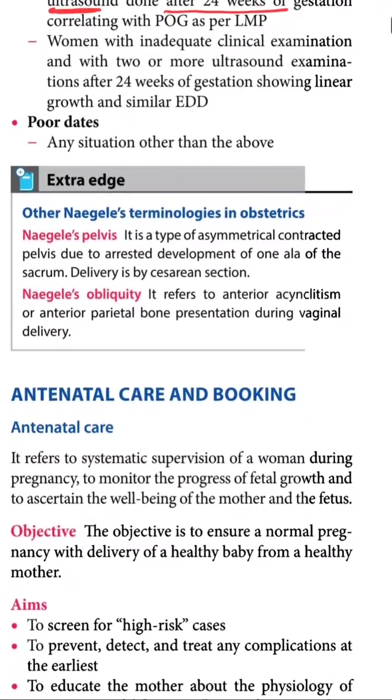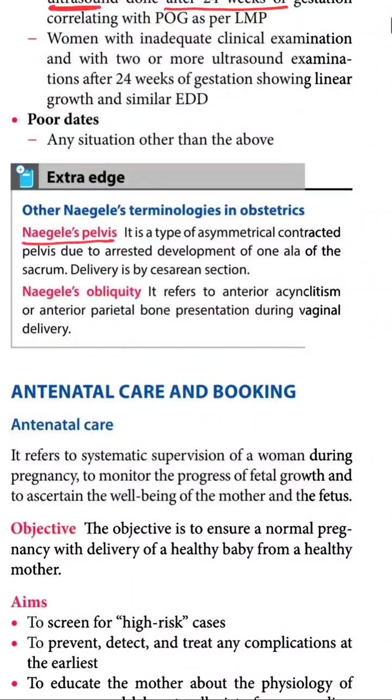Now, what do you mean by Naegeli's pelvis? What do you mean by Naegeli's obliquity, guys? So Naegeli's pelvis is a type of asymmetrically contracted pelvis due to arrested development of one ala of the sacrum.